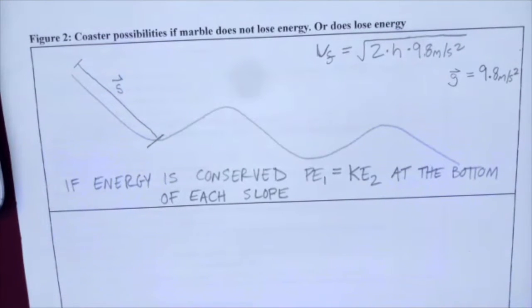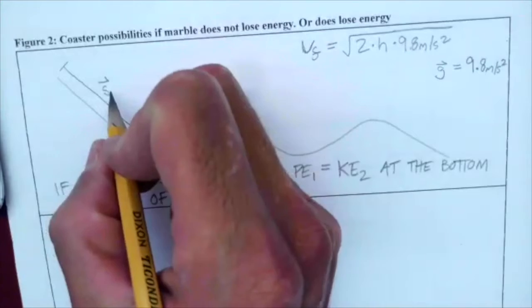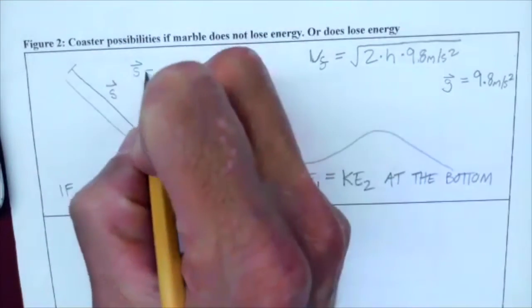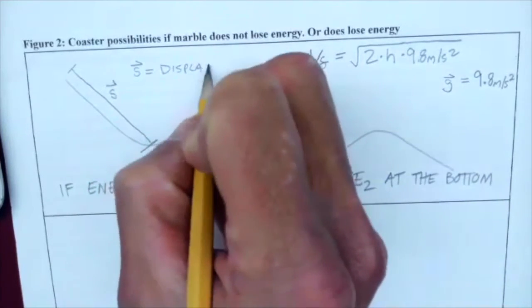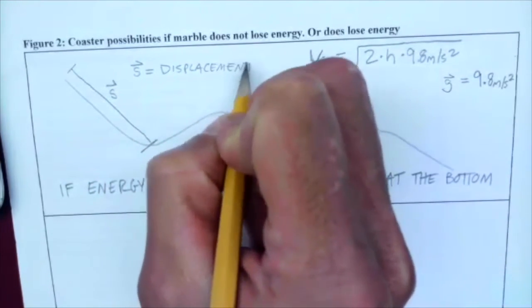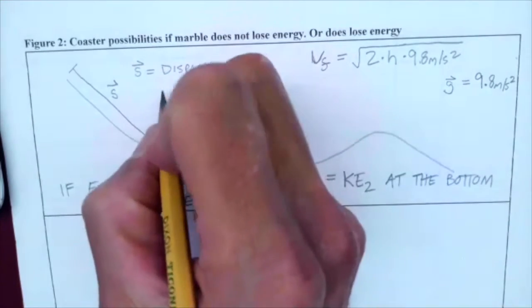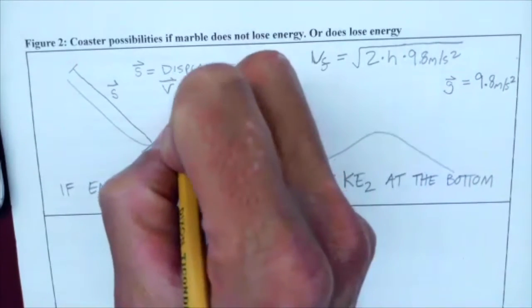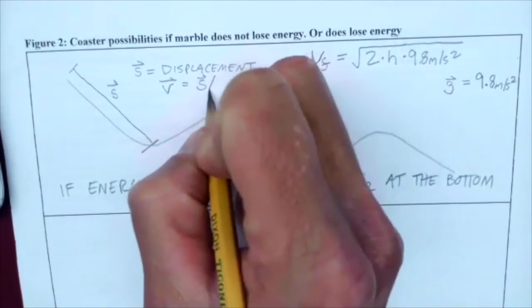And we talked about in last class, if the slope is straight, acceleration should be constant on an individual slope. Which means, so S is displacement, and average velocity is displacement divided by time.